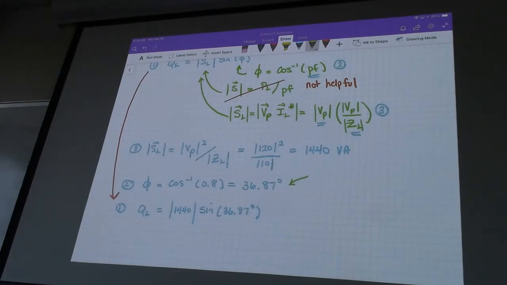It could be positive or negative. Can anybody tell me why we know it's positive? Yeah, because it's lagging. 99% of the time for these problems it's going to be lagging, but you don't want to get complacent always assuming it's positive, and then you have that one exam problem where it's leading, and that's what gets you. So positive because lagging.